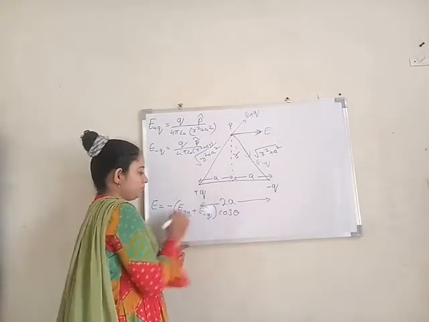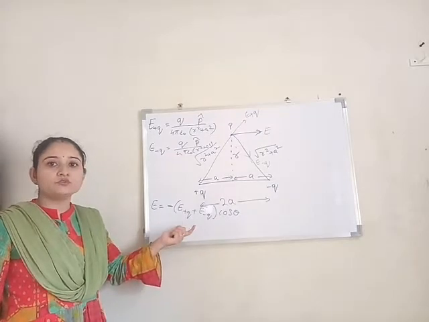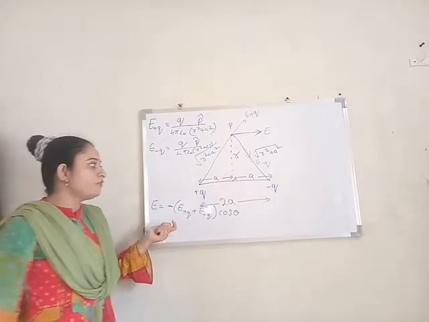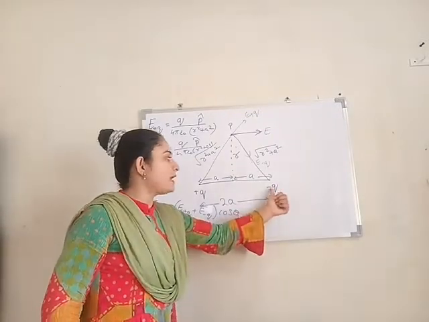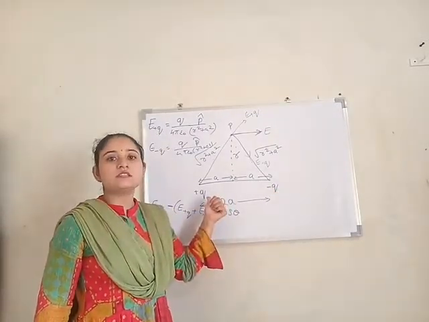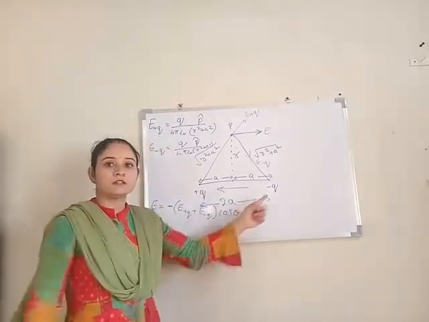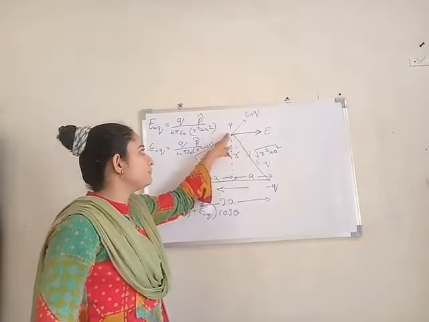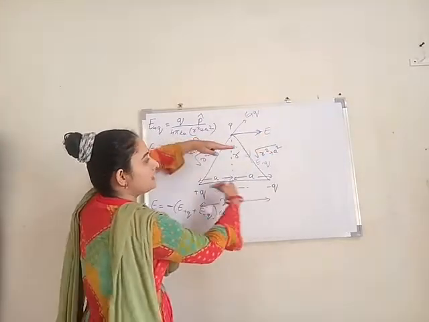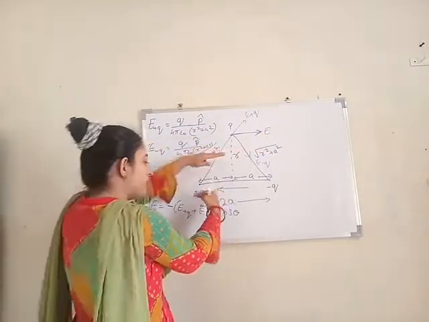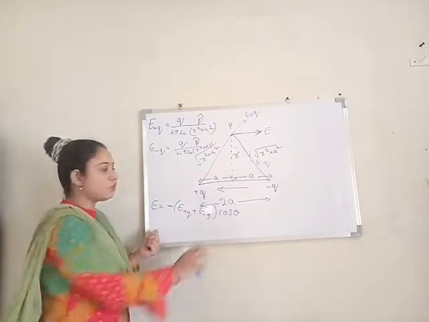Now why does the negative sign come? As I said, due to the opposite direction. We know that in a dipole the direction is from negative to positive, minus to plus, and the field produced is in this direction. So they are in opposite directions. That's why it is minus of E plus Q plus E minus Q cos theta.